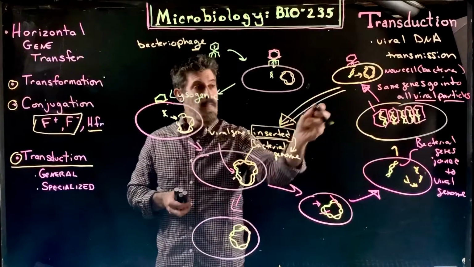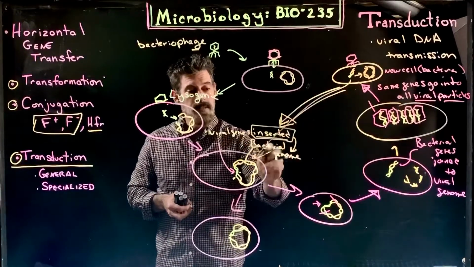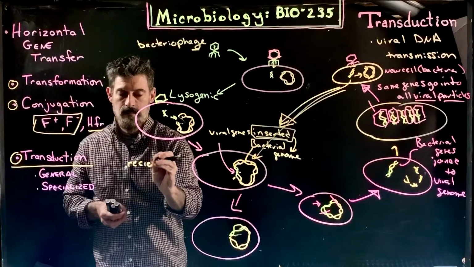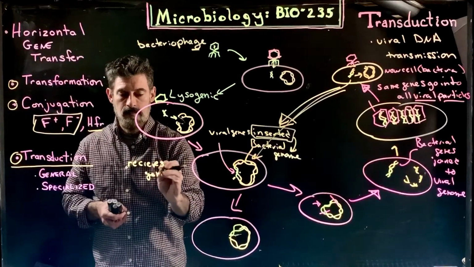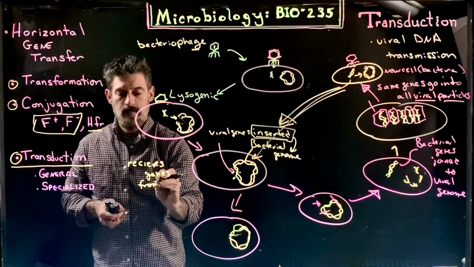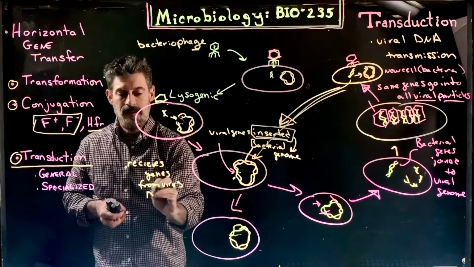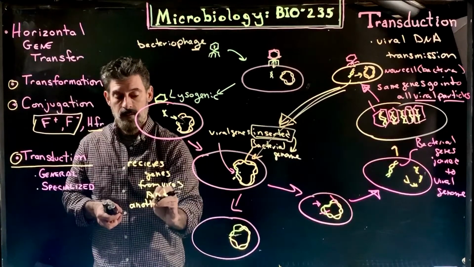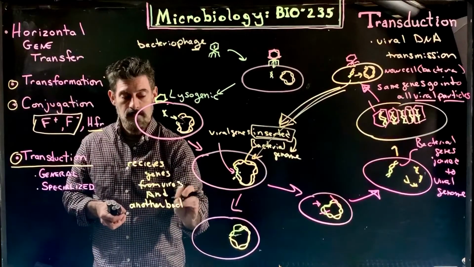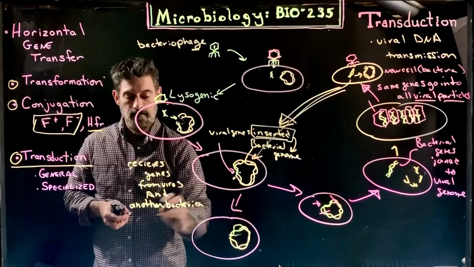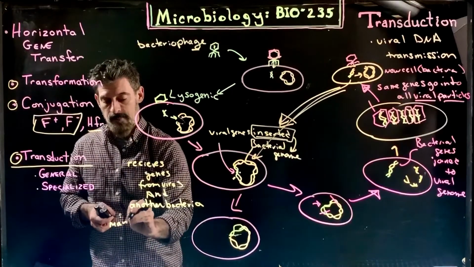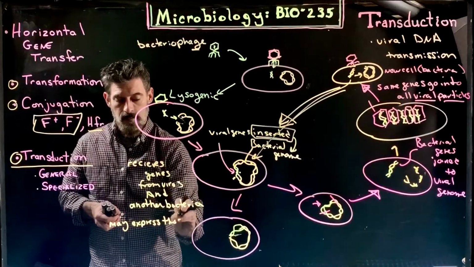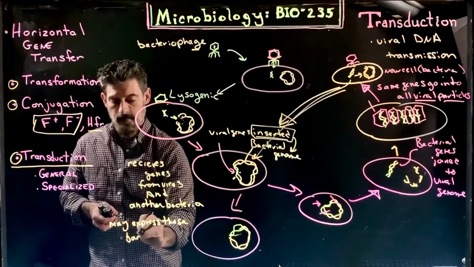So when that happens, and this gets genes from a new bacteria, it receives genes from the virus and another bacteria. It may be able to express those bacterial genes.